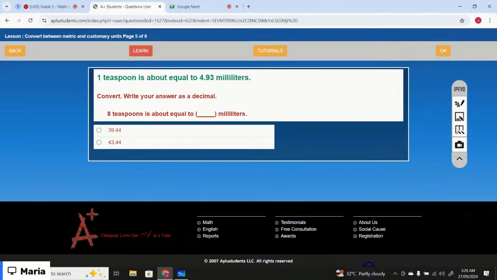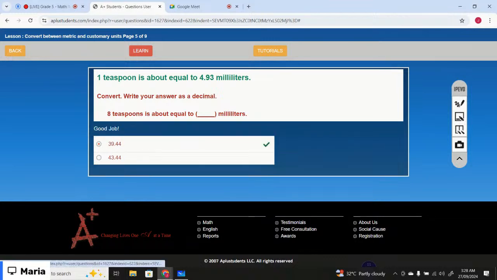1 teaspoon is equal to 4.93 milliliters. 8 teaspoons is equal to blank milliliters. So you need to multiply 8 times 4.93. That's 39.44.